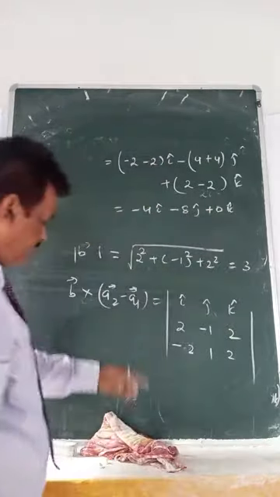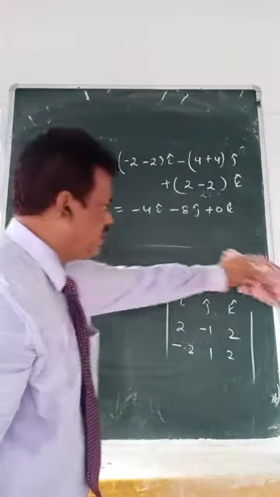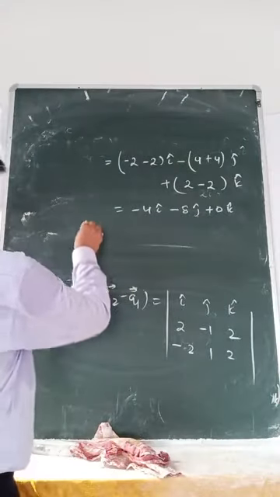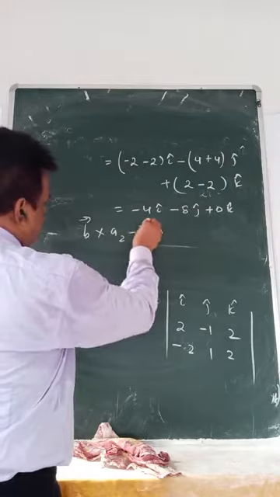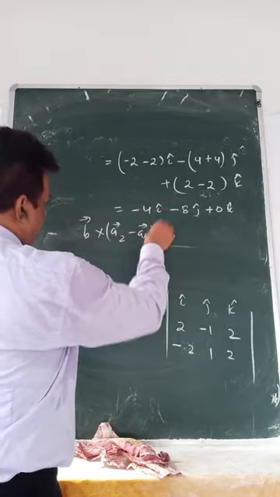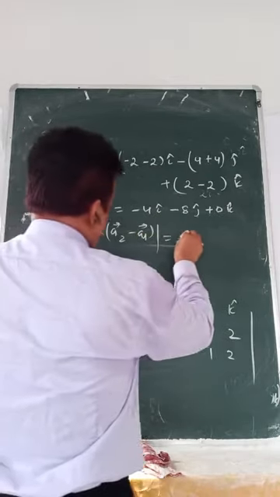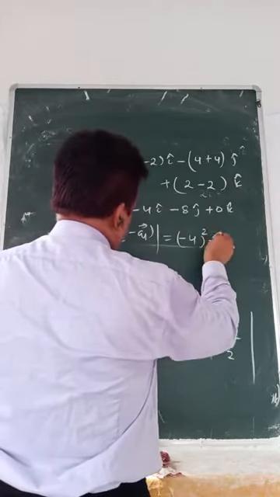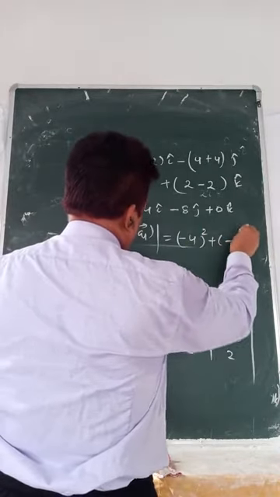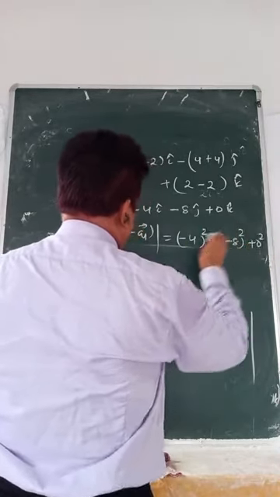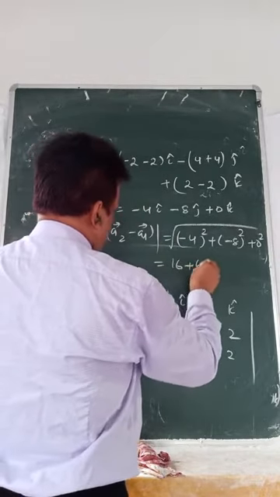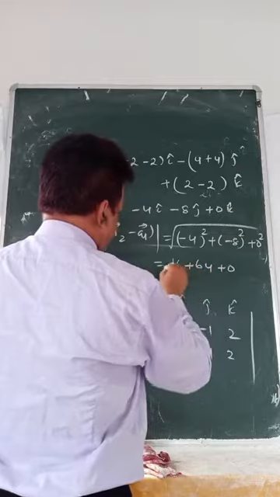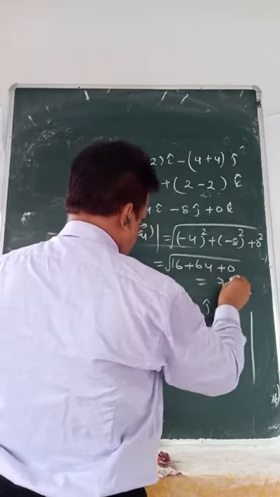But you have to find its modulus also. So modulus of b cross (a2 minus a1): (-4) squared plus (-8) squared plus 0 squared, 16 + 64 + 0, root 80.